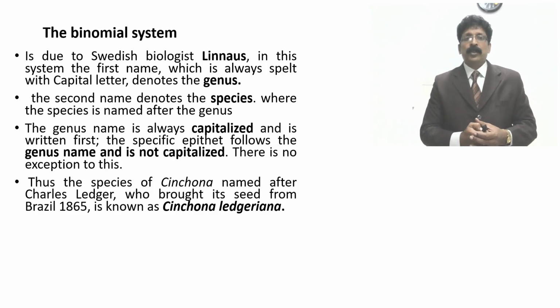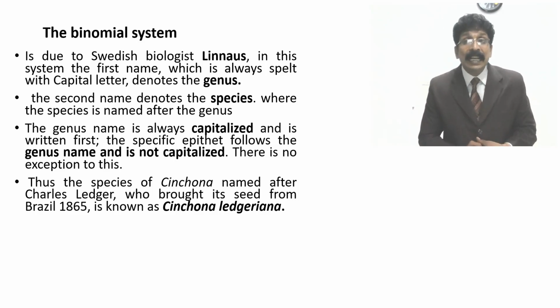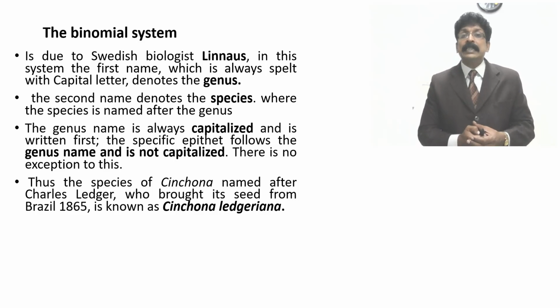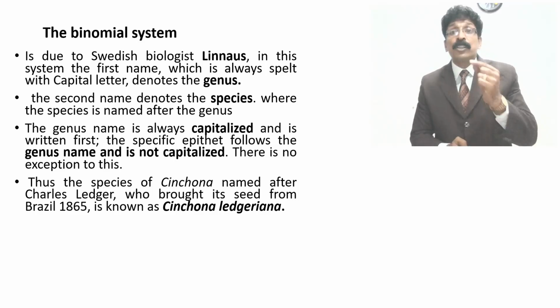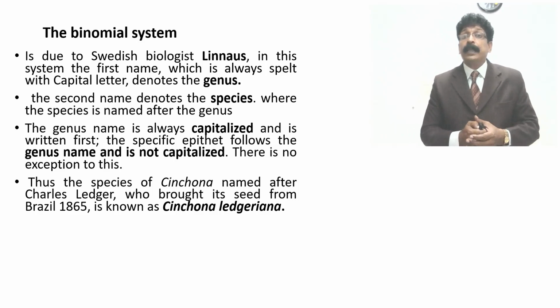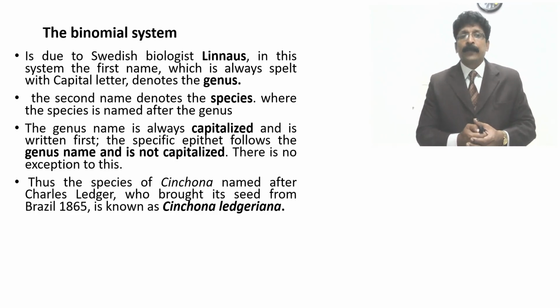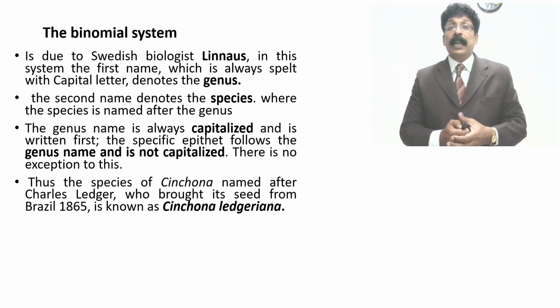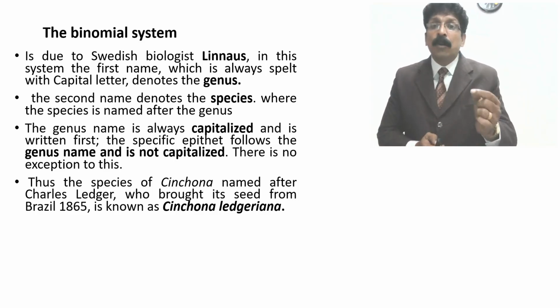So you can see that ledgeriana is written as a species name given for the scientist Charles Ledger, and the L stands for a small letter. It is not capitalized in the second name. You can see that in the slide very clearly, Cinchona ledgeriana.